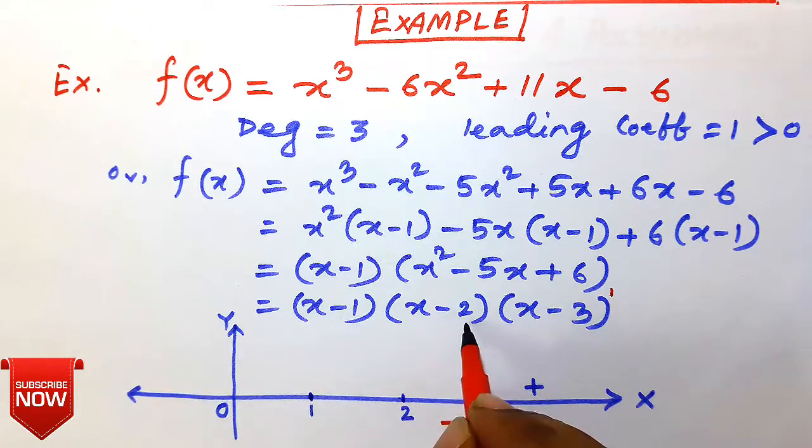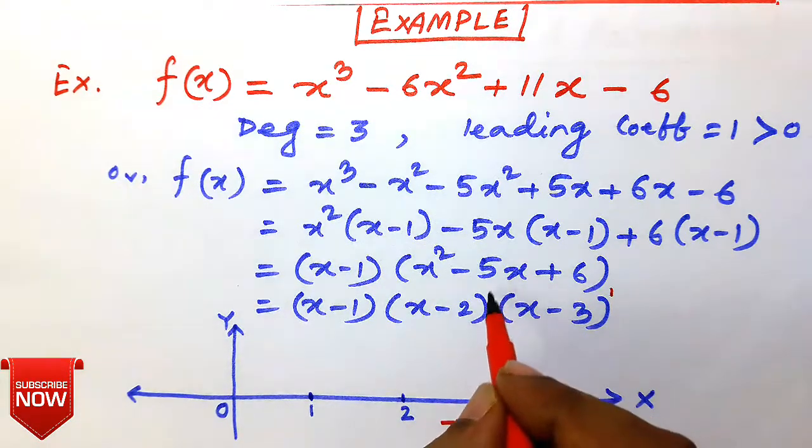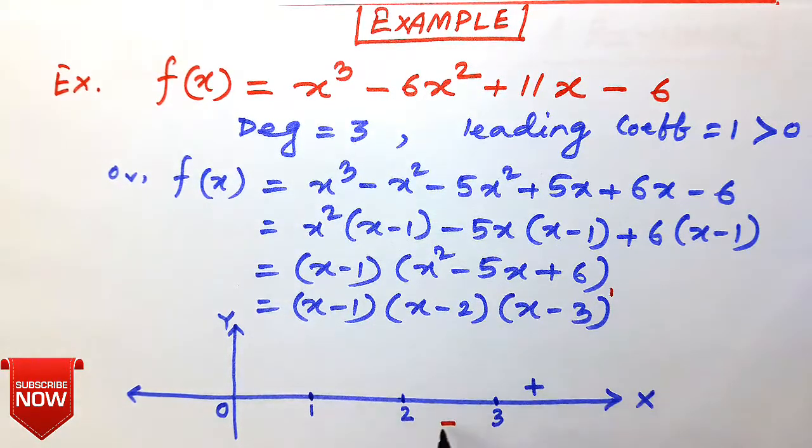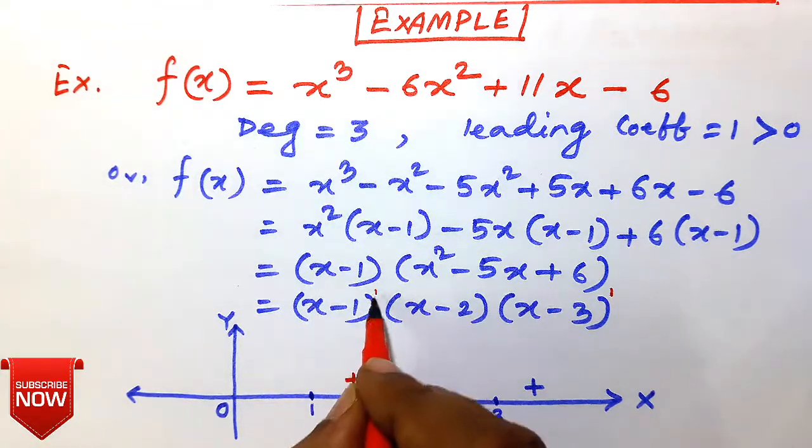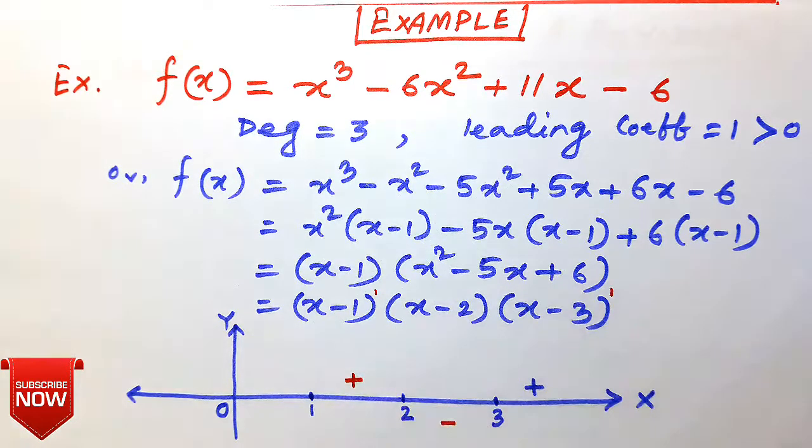The factor is x minus 2. Its power is 1, again odd number. So we have to put the opposite sign of minus, that is plus sign. Next, the critical point is 1 and the factor is x minus 1. Its power is 1, also an odd number. So for this we have to take the opposite sign of plus, that is minus.